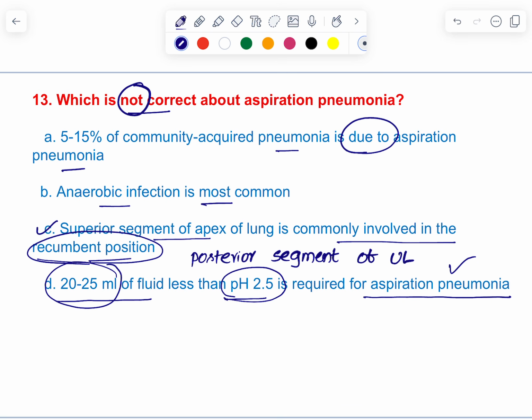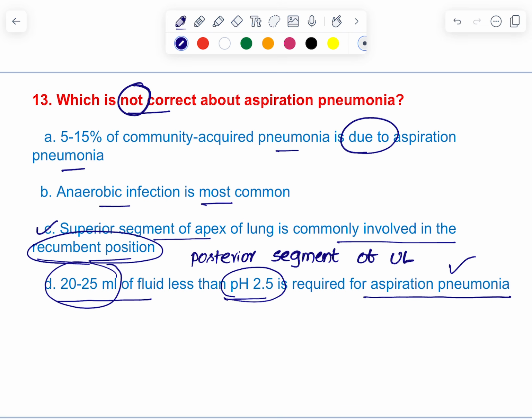Whereas small amounts of material from the buccal cavity during sleep, if aspirated, will not cause aspiration pneumonia, right? And in healthy persons, aspiration pneumonia does not occur. Why?